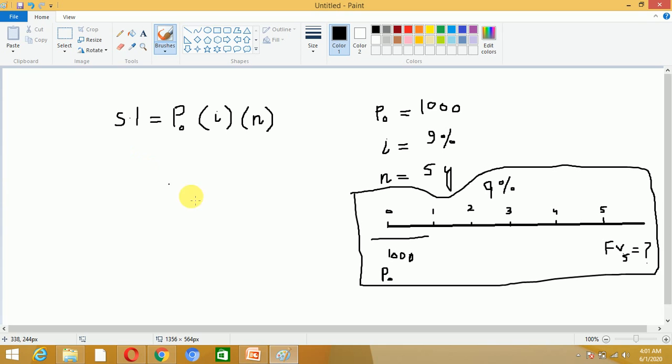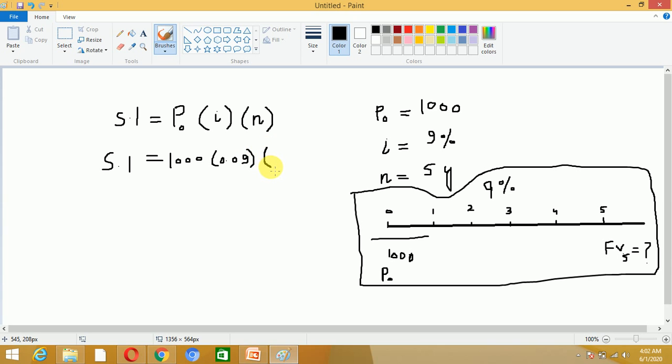Now you can put these values in this formula. Simple interest: P naught is 1000. Interest is 9%, so shortly we can write 0.09. 9% is basically 9 divided by 100, which is equal to 0.09.